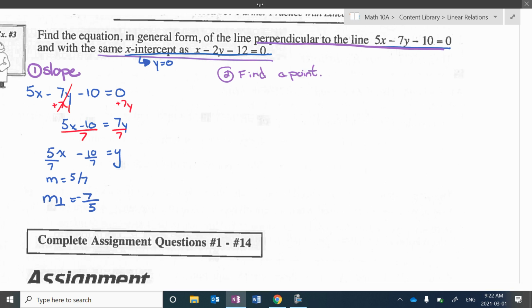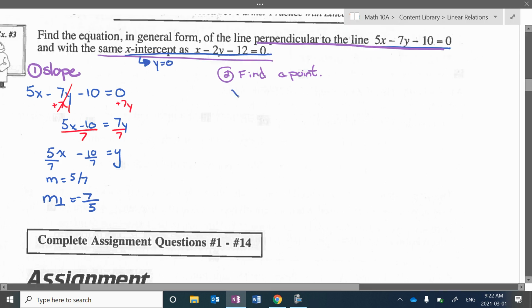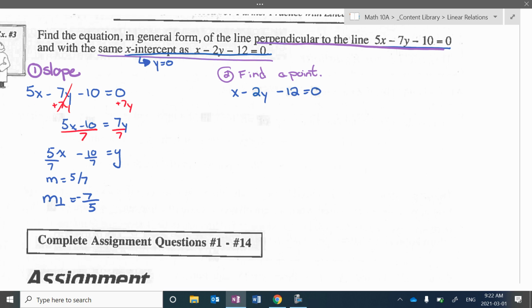And we have an equation. How can we do that using this equation of x minus 2y minus 12 equals 0? How can I use the information of x-intercept there? Drew, good, right on. Solve for x instead of y. Even more specifically, I know y has to be equal to 0.